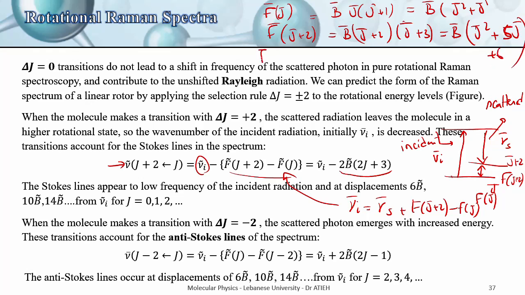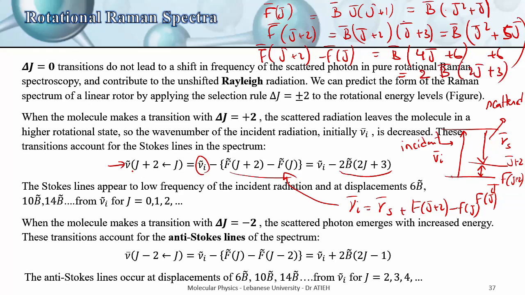So let's subtract them, F(J+2) minus F(J). We get J squared minus J squared, this cancels. 5J minus J is 4J, and plus 6. Take 2 out, you get 2 B bar (2J plus 3).